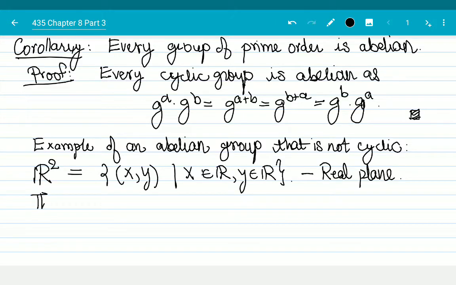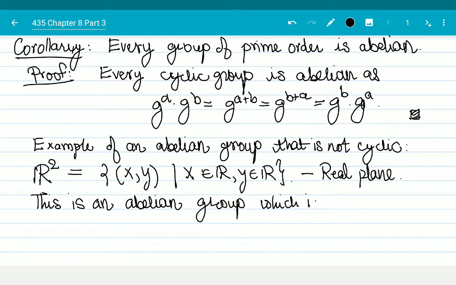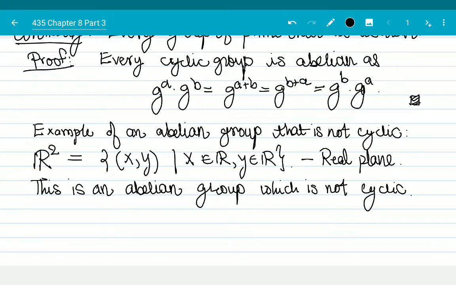Then this is an abelian group which is not cyclic. Okay, it is easy to see that it is an abelian group. Identity is 0, 0.